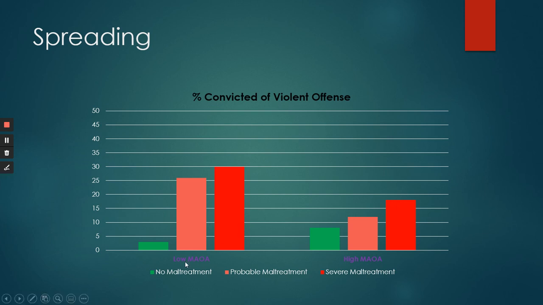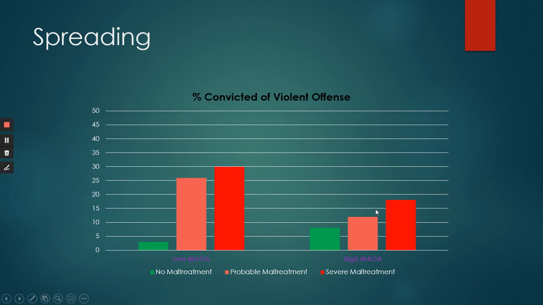Definitely the low metabolizers are at higher risk versus high metabolizers. And also those who were maltreated are at more risk for violent crimes than people who weren't exposed to maltreatment. So those are consistent. There's no crossover interaction here, but there's a spreading interaction. You can pause to see if you can find that spreading interaction, but here it is.